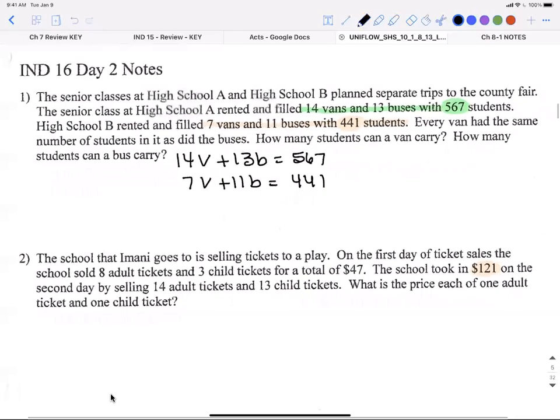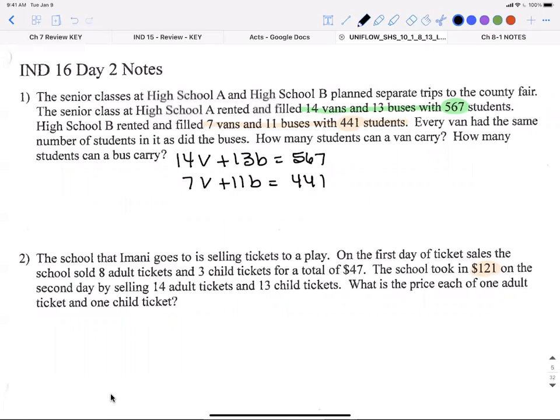The only difference here is that we don't have matching coefficients, right? 14 and 7 as far as our vans, 13 and 11 for our buses. Now, looking at these from a far out overview, the vans are going to be the easier ones to manipulate because I can multiply 7 by something and make it a 14.